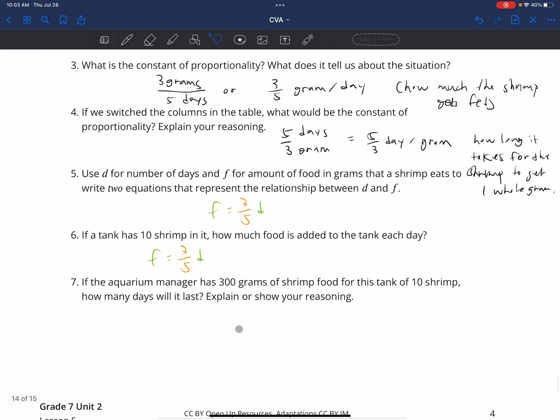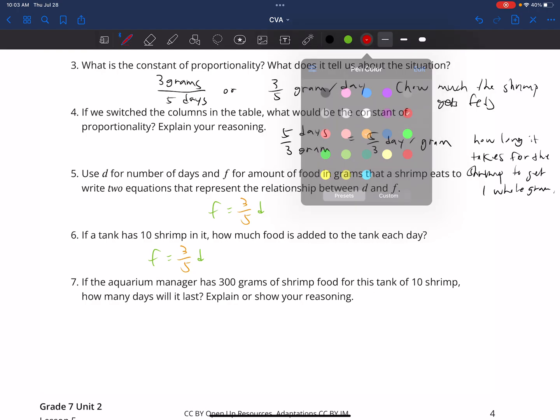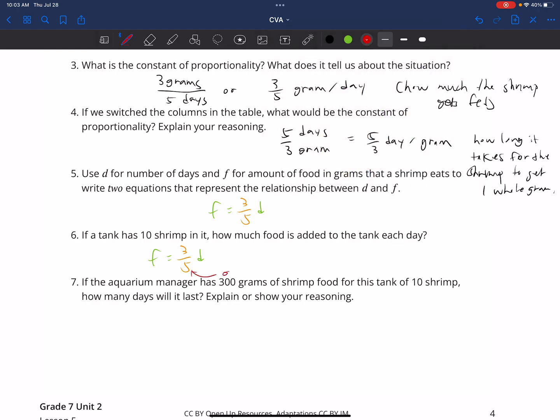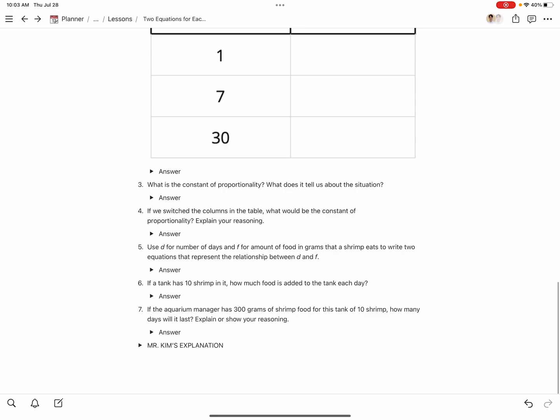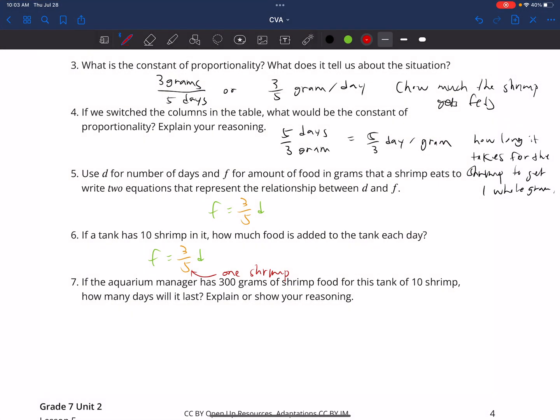So this 3/5 is referring to just one shrimp, right? And I'm gonna double check the answer. Okay, yes. So that's 3/5 grams per day for 1 shrimp.